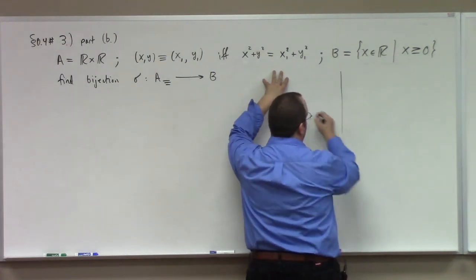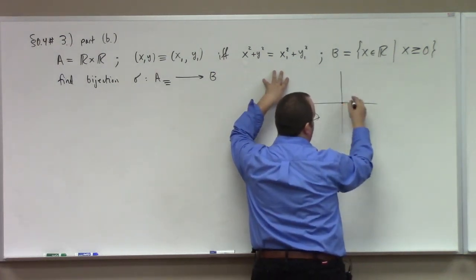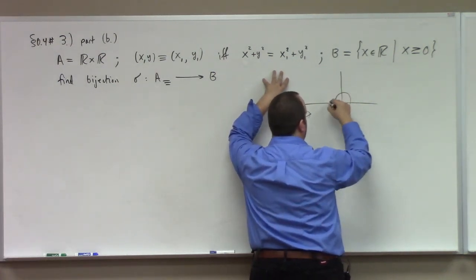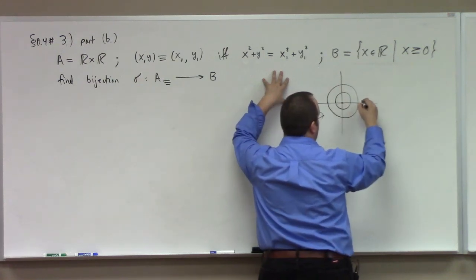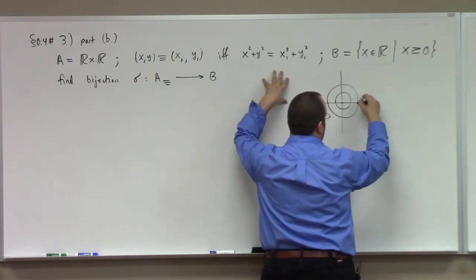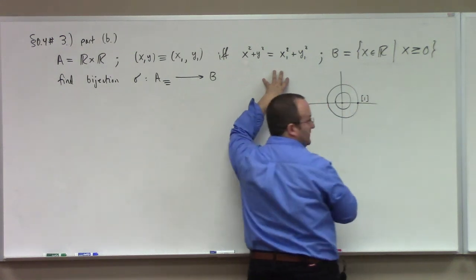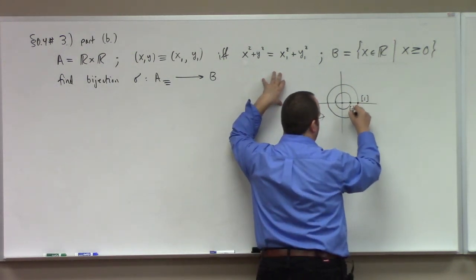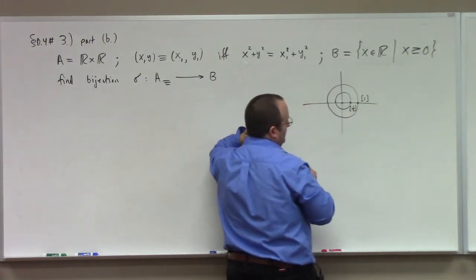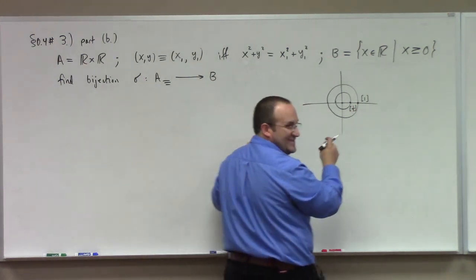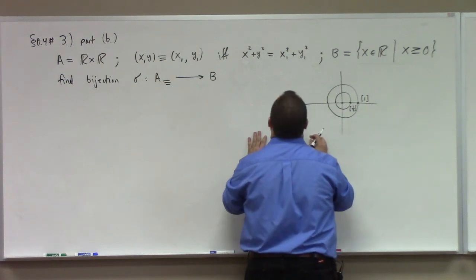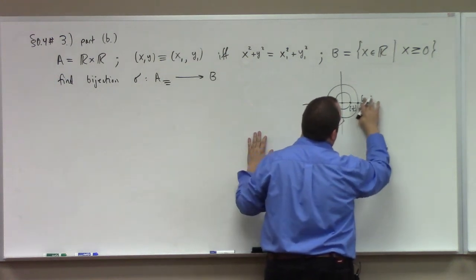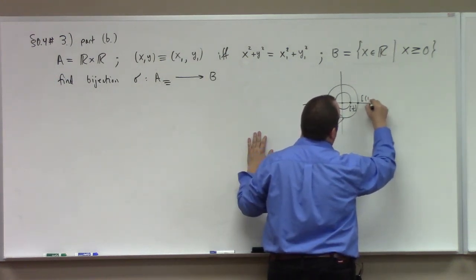So this is the picture. You have the lonely origin, and then you've got circles. Your equivalence classes are circles. Here, the equivalence class of 1 would be the unit circle. Let me do a fourth. Oh, sorry, I can't do that. I should say (1, 0), right?